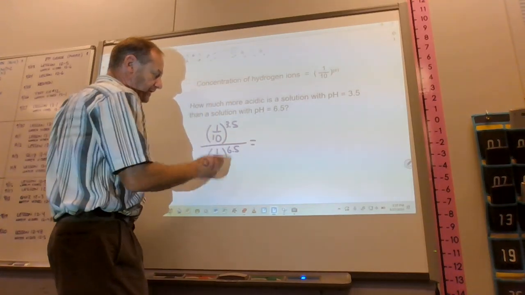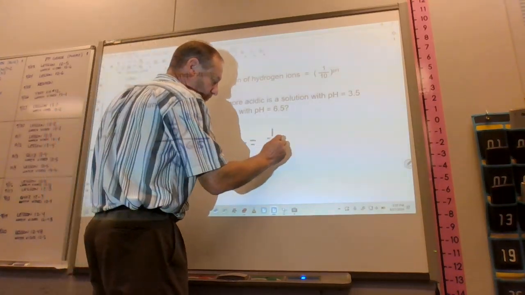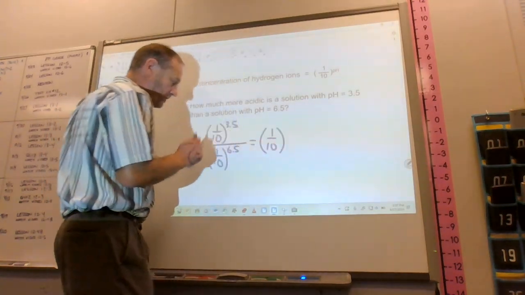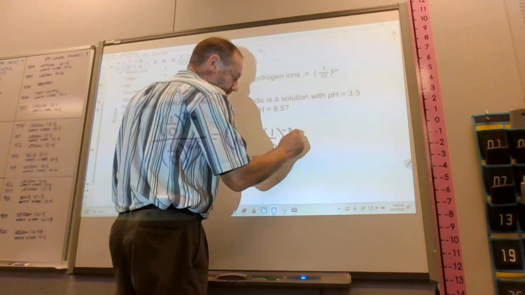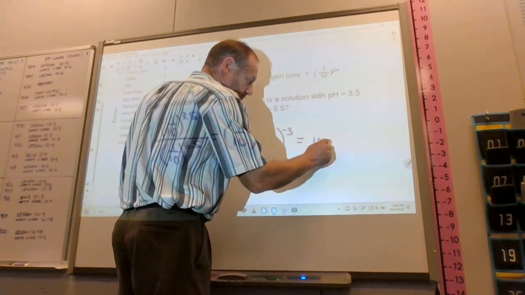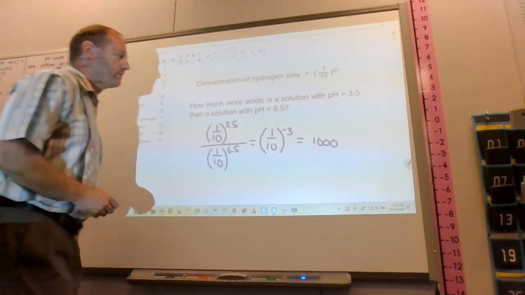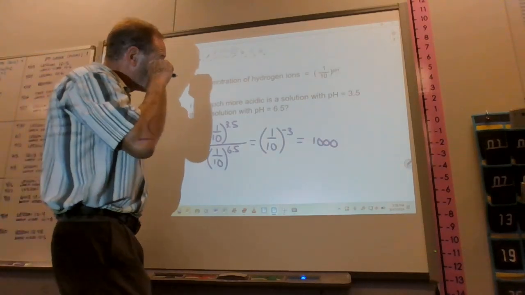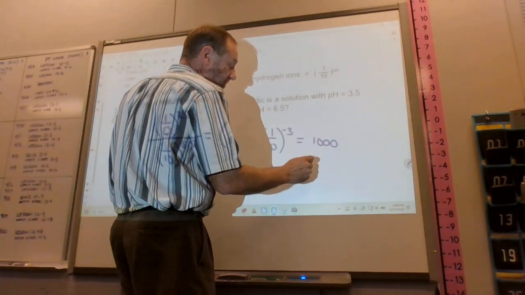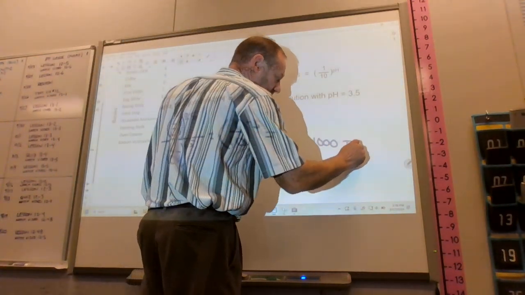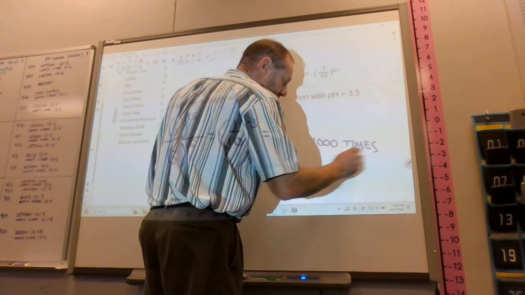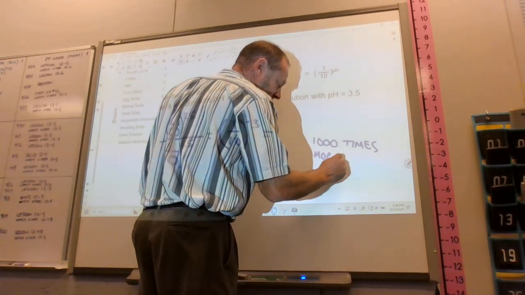Well, I subtract my exponents here, this would be 1/10 to the -3 power, which is going to be 1,000. So this item here is 1,000 times more acidic.